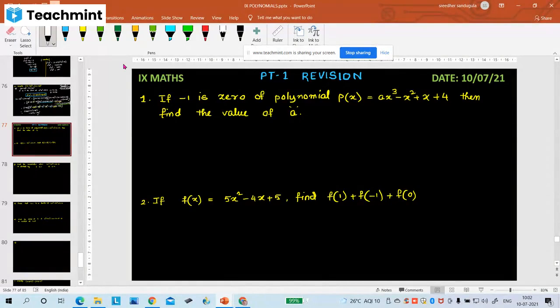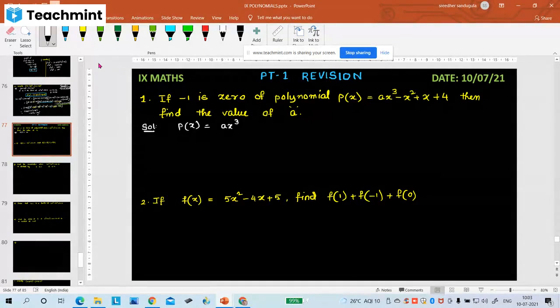So here the given polynomial is, let me write here, p of x is equal to ax cube minus x square plus x plus 4.